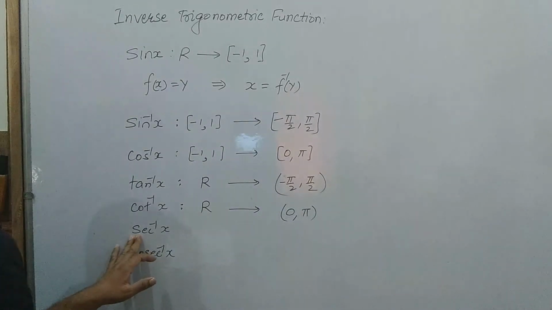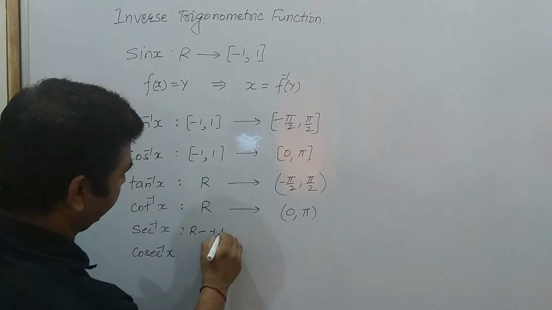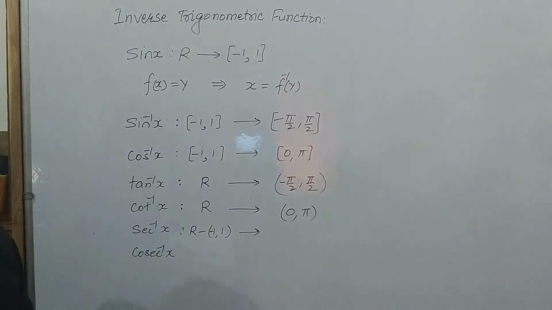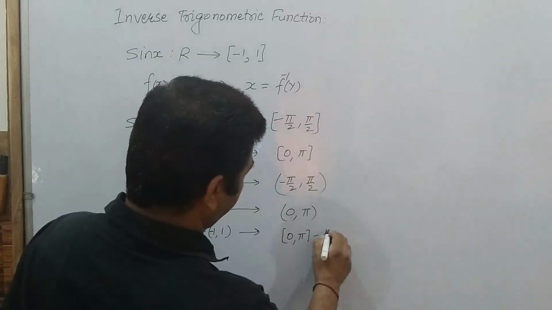And in case of sec inverse x, the domain is all real numbers except -1 and +1, and the range of sec inverse x will lie between 0 to 180 except 90.